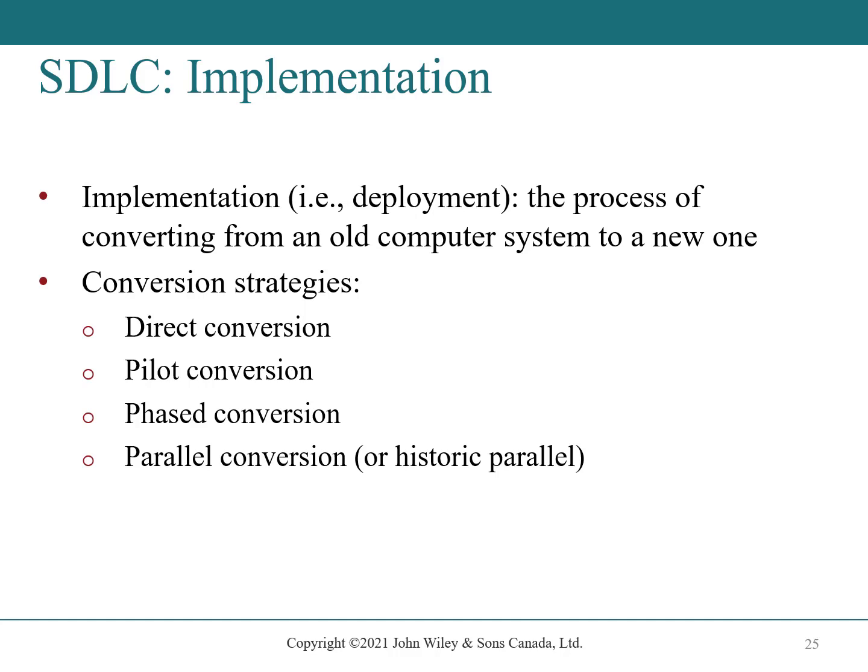It's very impractical when both the old and new system are online together because you would have to complete, for instance, a sales order in both systems. A variation of this approach called a historic parallel is used when real transactions are run through the new system and the results are compared with the old system before the new system is moved in for live usage.